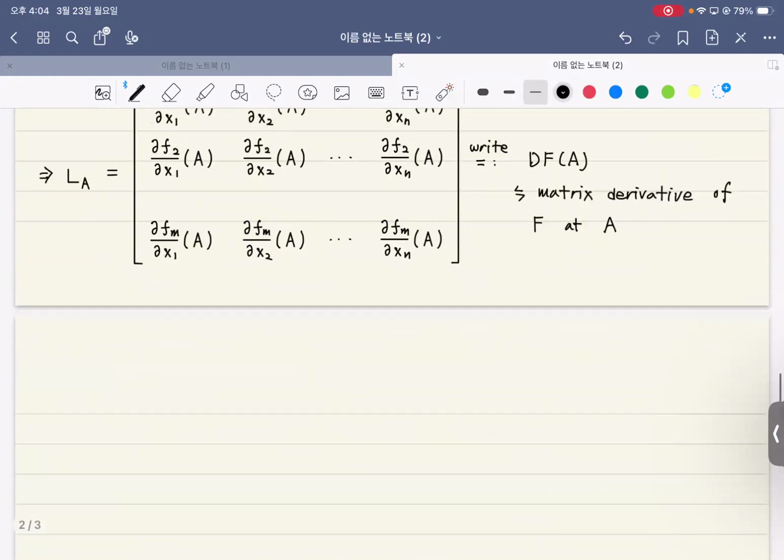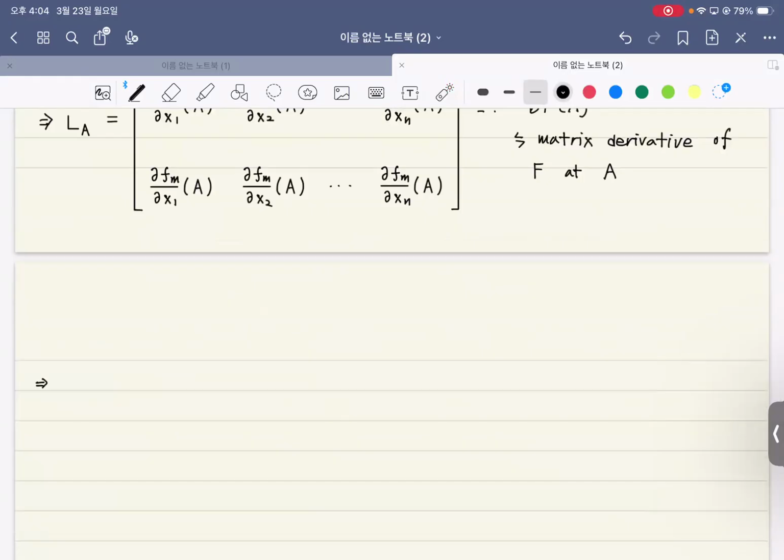So f of a plus h minus f of a are super close, especially when the length of h is very small. That means if the length of h is small enough, then this function is very well approximated by this linear function.